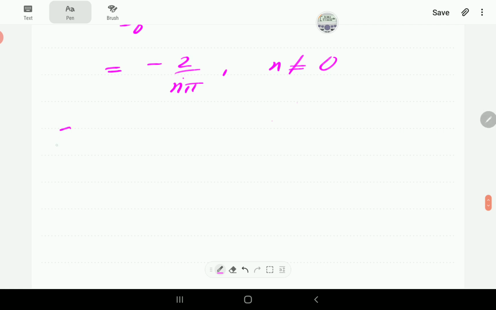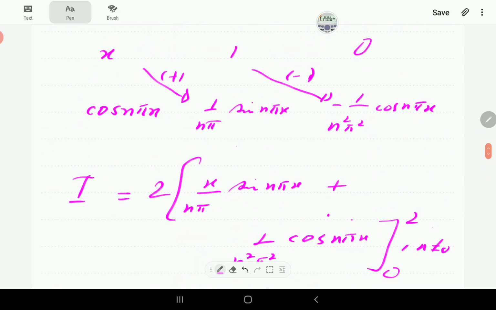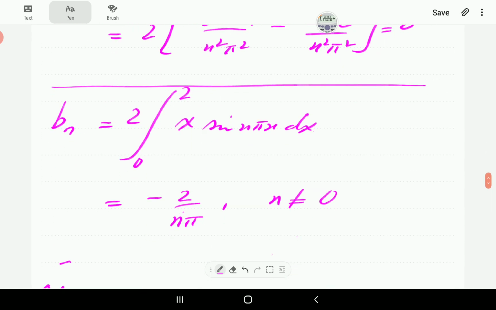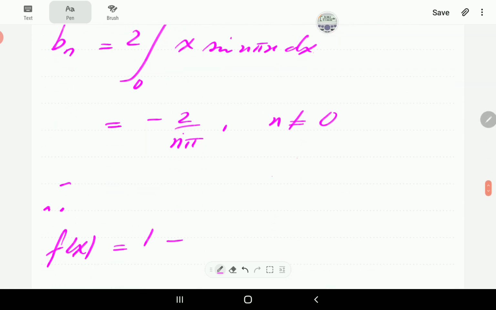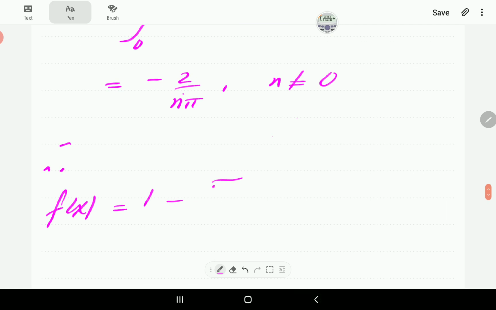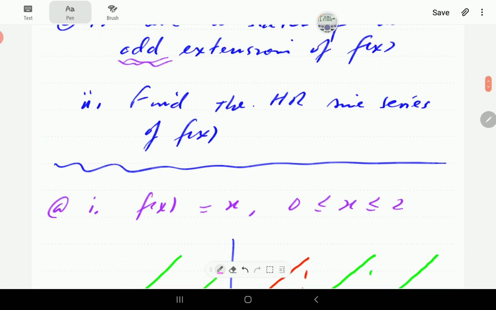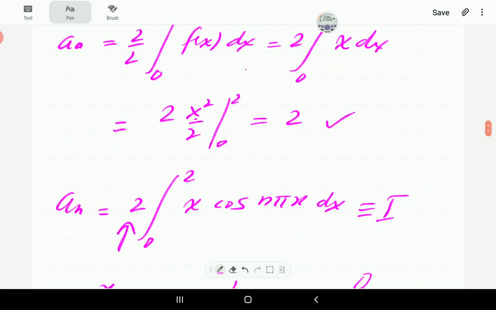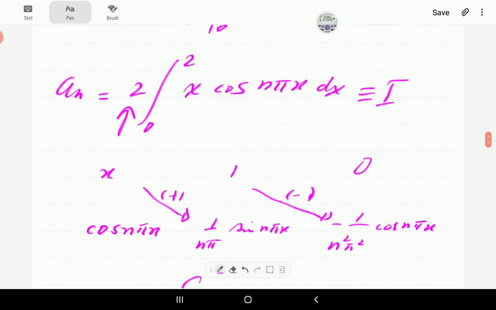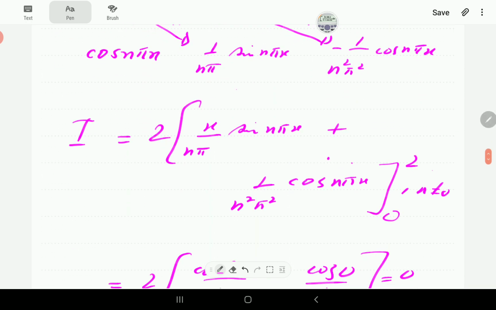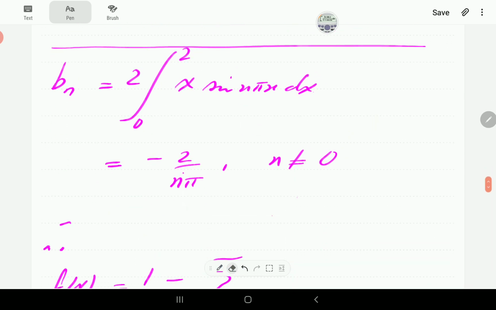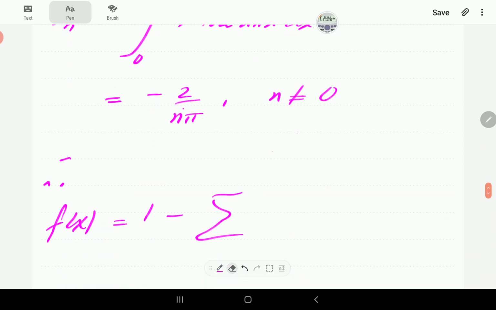So that means we can write the Fourier series of this. It's going to be a naught over 2. A naught is 2, so a naught over 2 is going to be 1 minus... When it comes to the terms inside the summation, it's only going to be the sine terms, because for the cosine terms we got 0 when n is bigger than 1, and for the sine terms we got that minus 2.